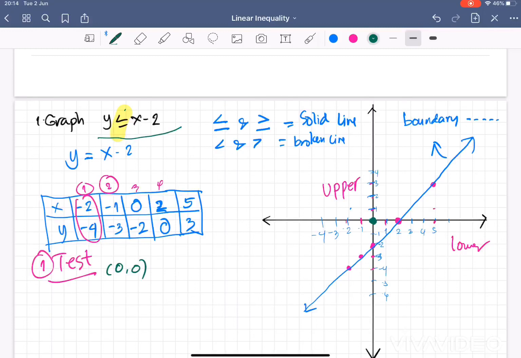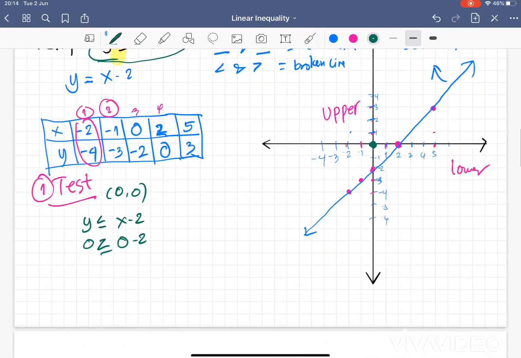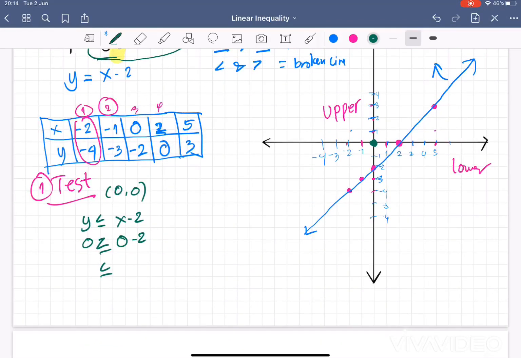And let's go back to the given inequality, y less than or equal to x minus 2. If x is 0 and y is 0, then y, which is 0, is less than or equal to x, which is 0, minus 2. 0 minus 2 is negative 2.